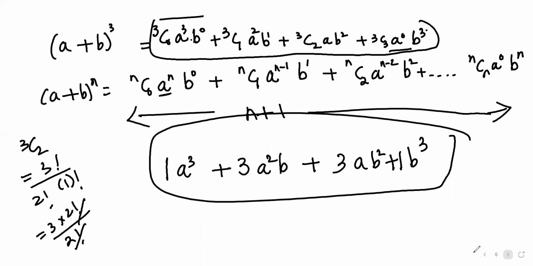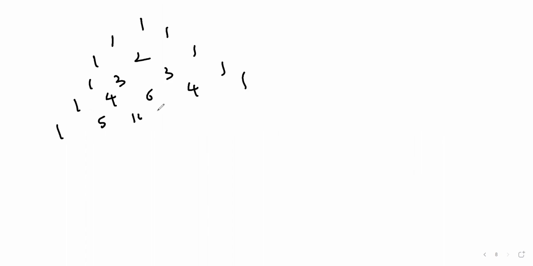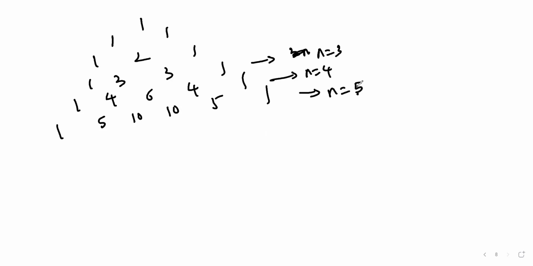Yes, you can use Pascal's triangle, but to what extent can you keep on developing those values? 1 2 1, 1 3 3 1, 1 4 6 4 1, 1 5 10 10 5 1. Did you get how I got this? 4 plus 1, 4 plus 6, 6 plus 4. This corresponds to the cube, n is equal to 3. This is n is equal to 4. This is n is equal to 5.